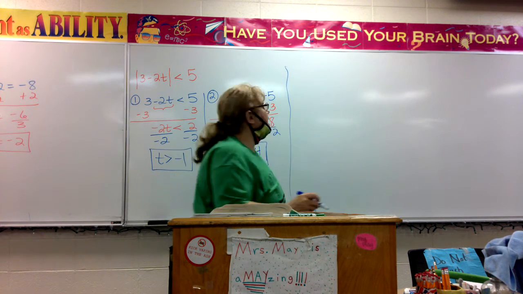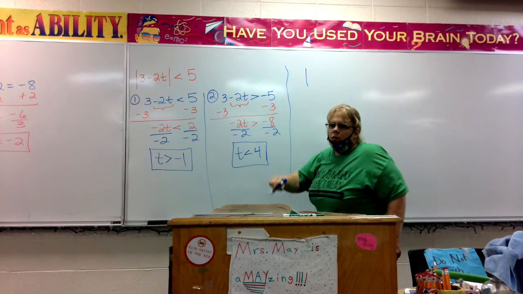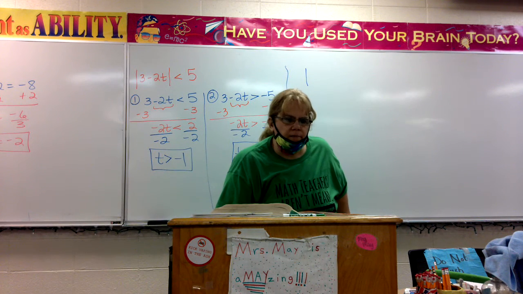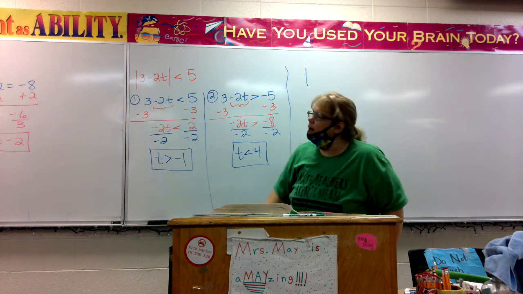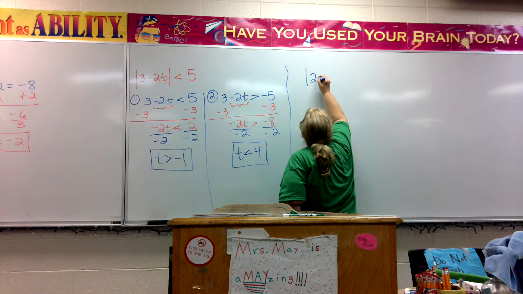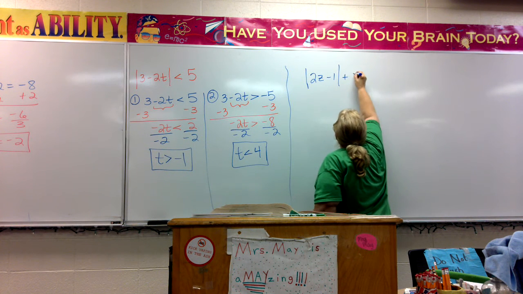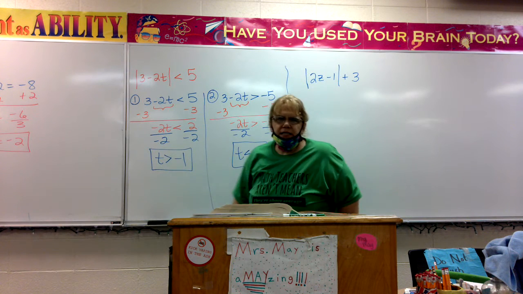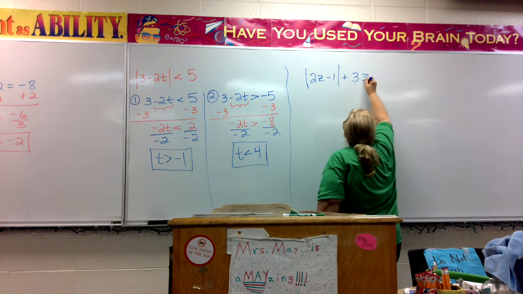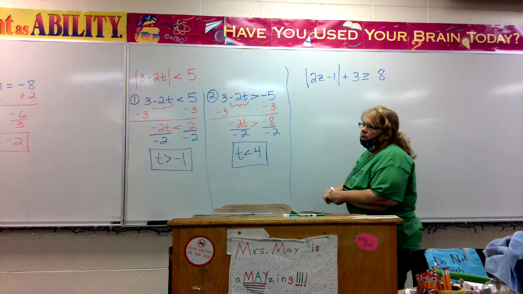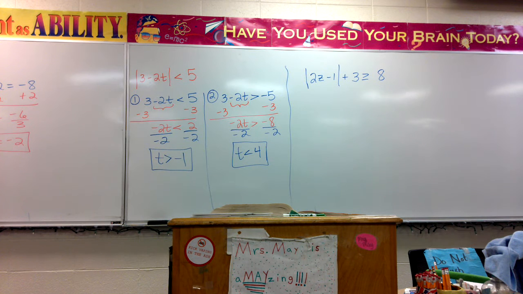Oh, how about one more, just for fun? Anybody with questions yet? Oh, I can tell you're having fun. The absolute value of 2z minus 1, plus 3, is greater than or equal to 8. Now this one's a little bit tricky.